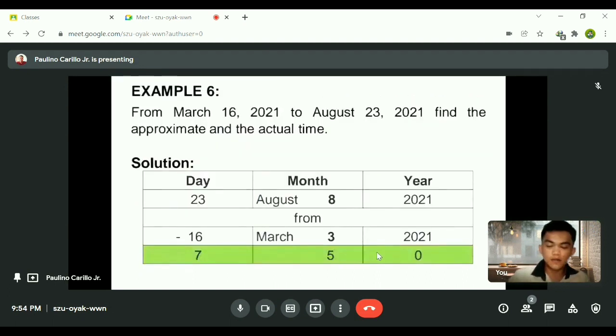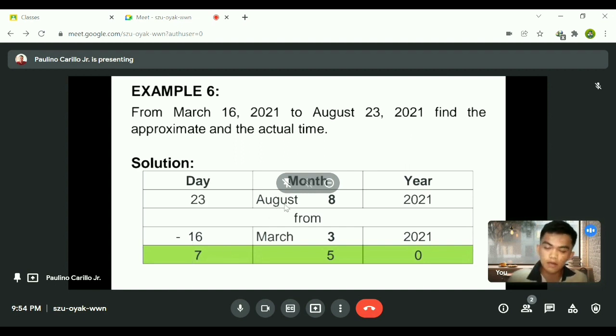So now, example number 6. From March 16, 2021 to August 23, 2021, find the approximate time and the actual time. Here's the solution. As you observe, we have here a table. Day, month, year. In the day column, 23 minus 16 is equal to 7.